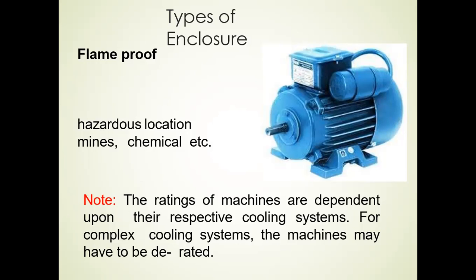Protection of machine against harmful ingress of liquids. Designations for these protective degrees. So for this, tests to be performed to check that machines meet the requirements of the standard recommendations.